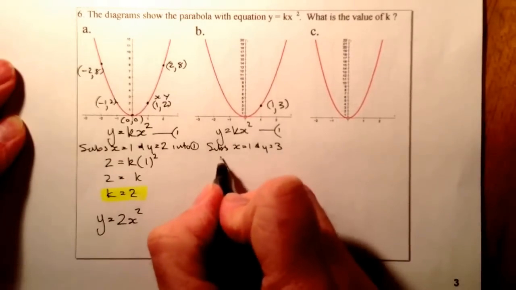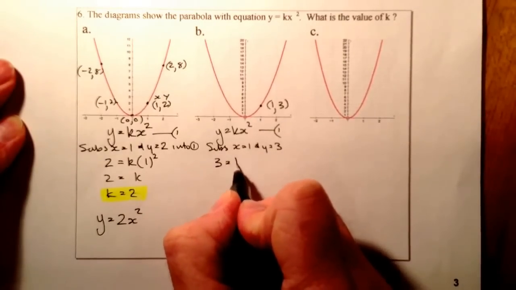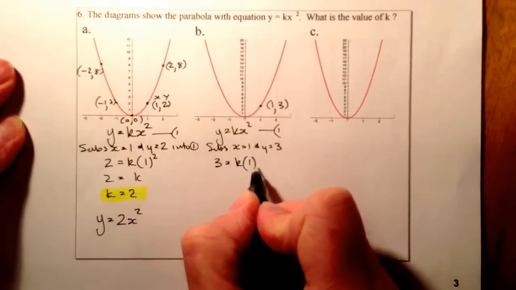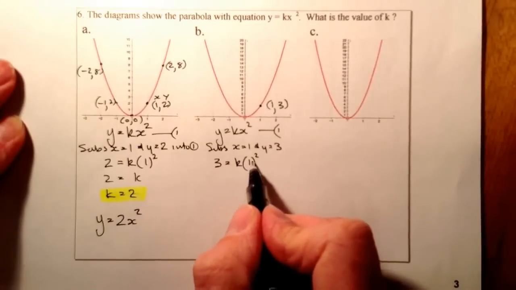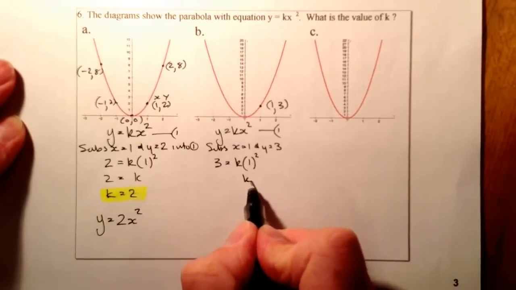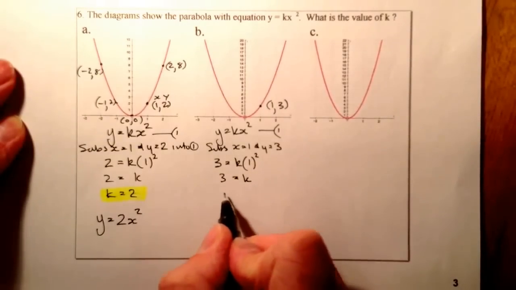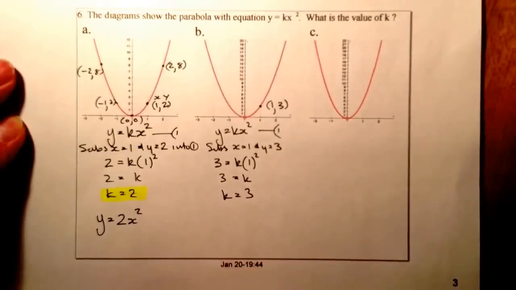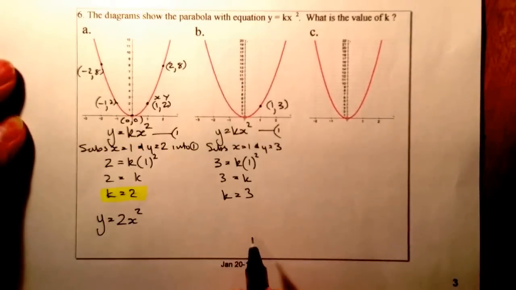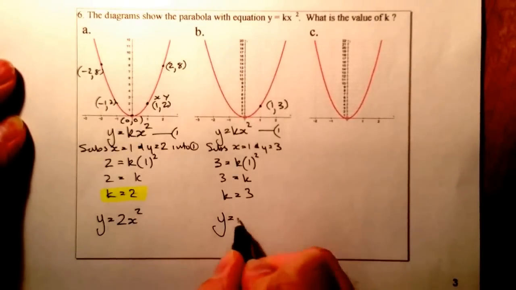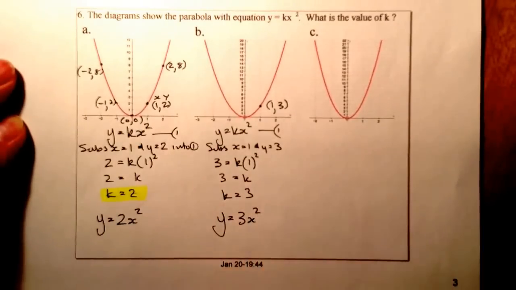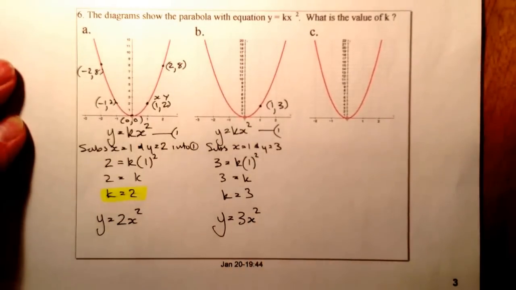So 3 on this side, I've got the k value, I've got 1, which makes it quite simple. I just square 1, which is 1, so that will just give me k equals 3. And again, that's going to be my answer. The equation of that graph, y is equal to 3x squared. It's in that form there, just with the number that I've worked out.